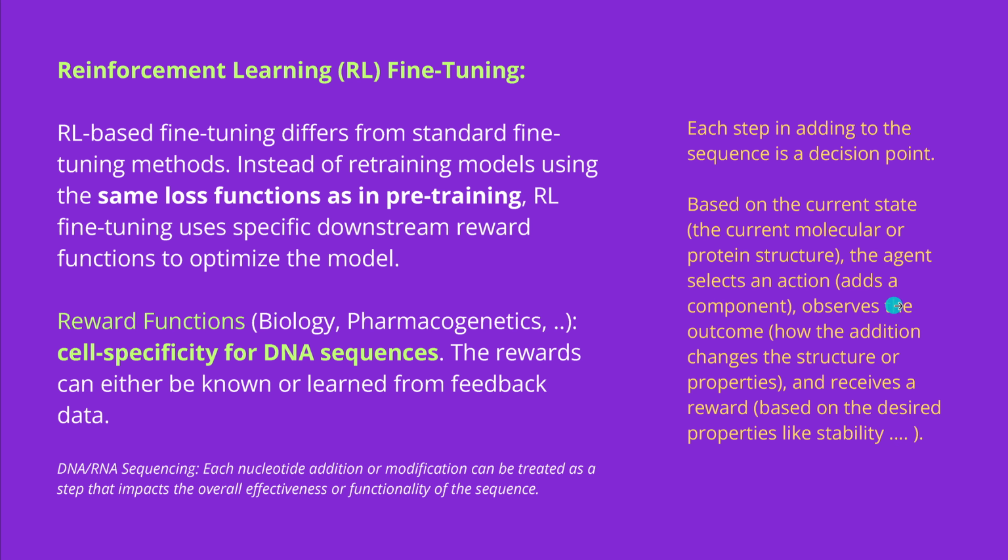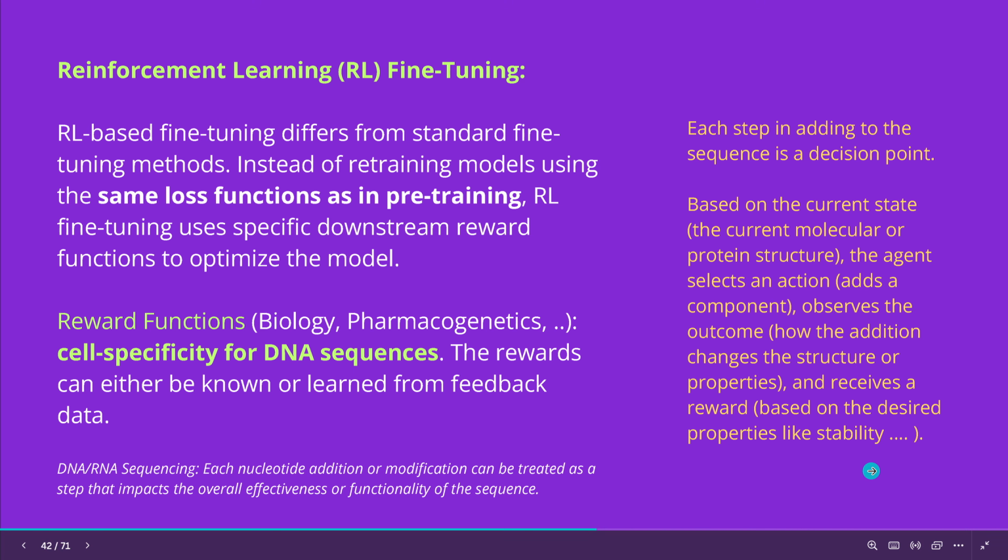It then observes the outcome, how the addition of this changes the three-dimensional structure or the stability properties of those new molecular clusters, and receives a reward. Hey, this was good, or no, this is completely unstable, based on the desired properties like stability and so on. So you see, the idea is simple. You just have to code it and let the AI run.